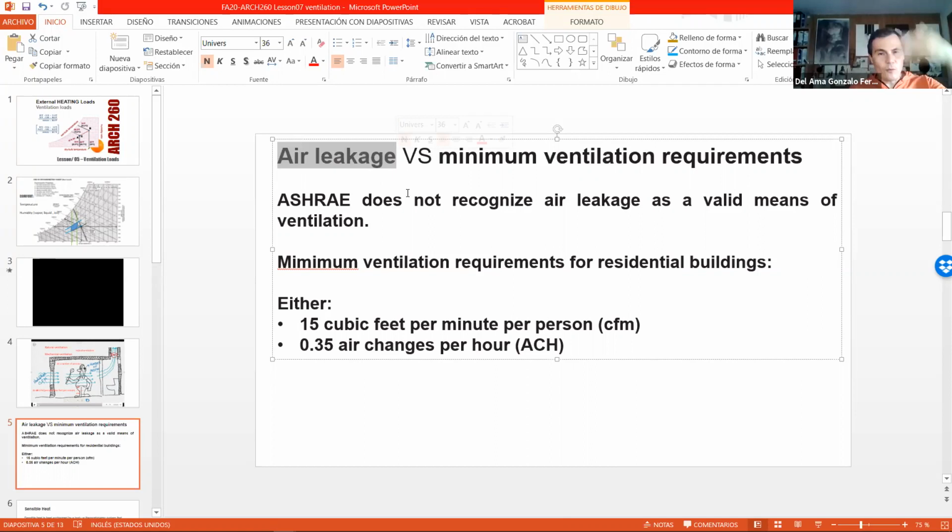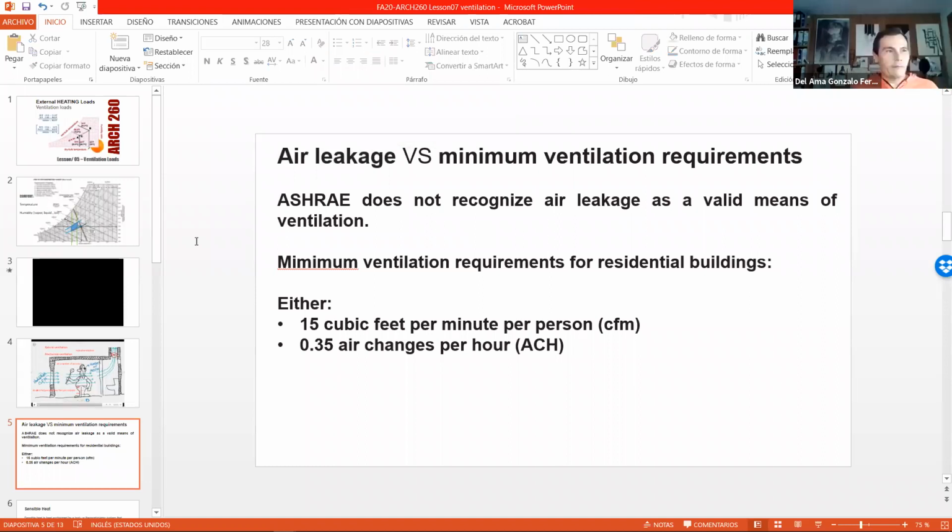The code does not recognize air leakage as a valid means of ventilation. Sometimes you say, I don't have to design a mechanical ventilation because I have air leakage. If you have air leakage, it means that your building is very bad. So you cannot make up ventilation for air leakage.